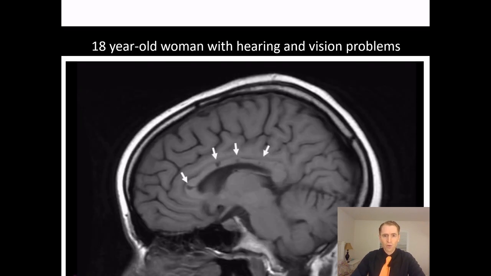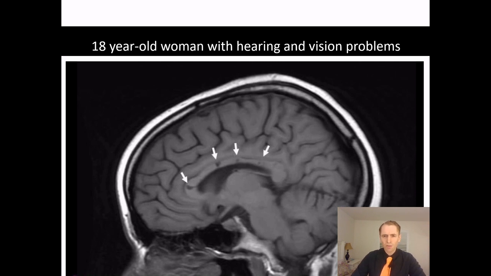This is an 18-year-old woman with hearing and vision problems. Now, if you look at the arrows, they're pointing to very characteristic lesions that are T1 dark and circular in the corpus callosum. You might superficially believe that these could be corpus callosum lesions seen in multiple sclerosis, but they tend to be rounder and not involving the whole width of the corpus callosum.